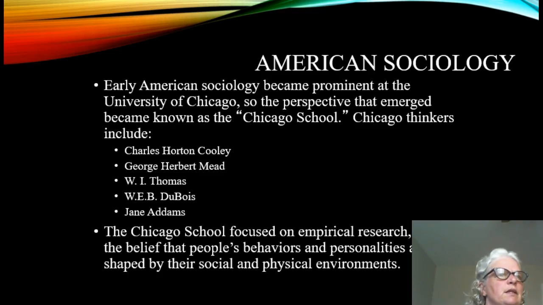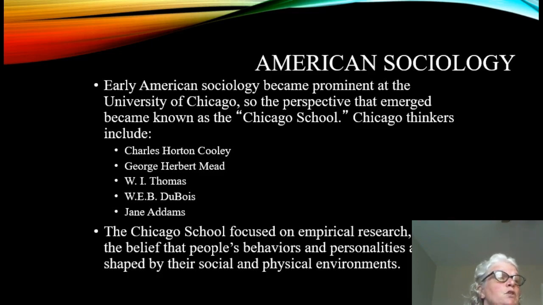Important things to consider. Some early American sociologists were prominent at the University of Chicago, so the perspective that emerges is known as the Chicago School. The Chicago thinkers include Charles Horton Cooley, George Herbert Mead, W.I. Thomas, W.E.B. Du Bois, and Jane Addams.